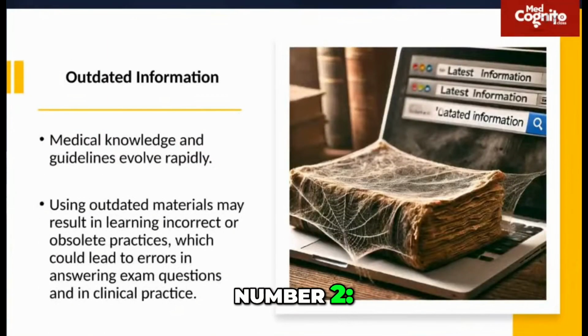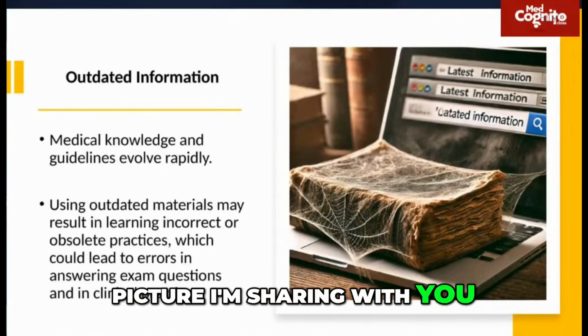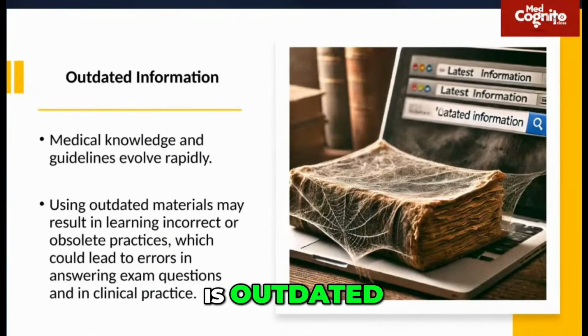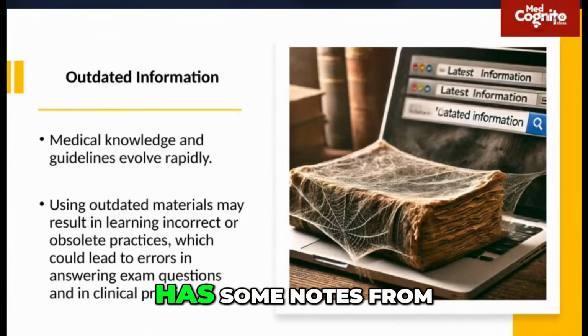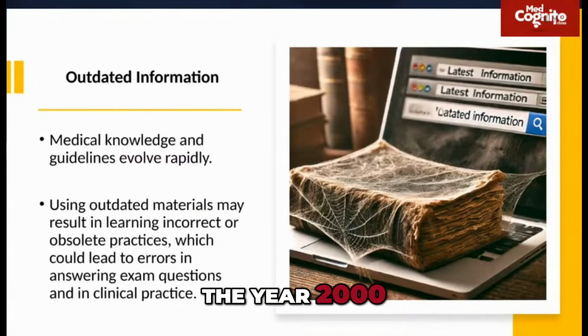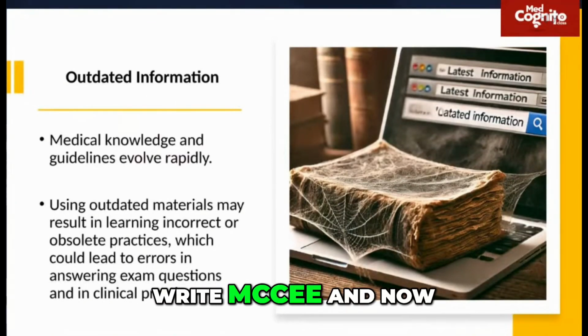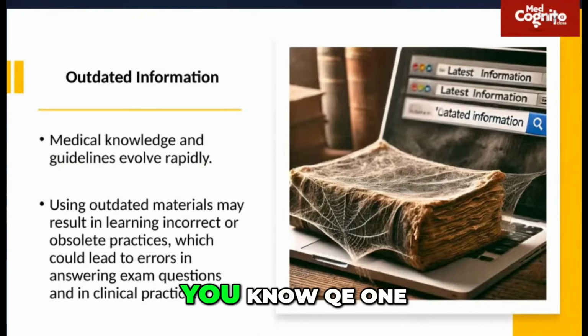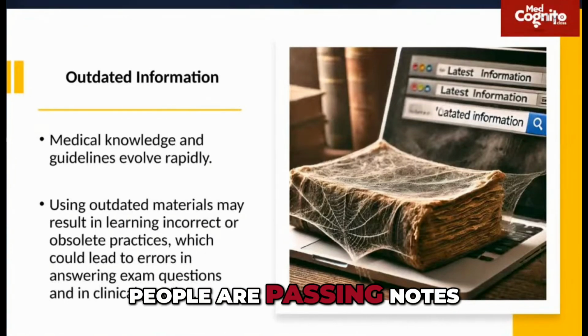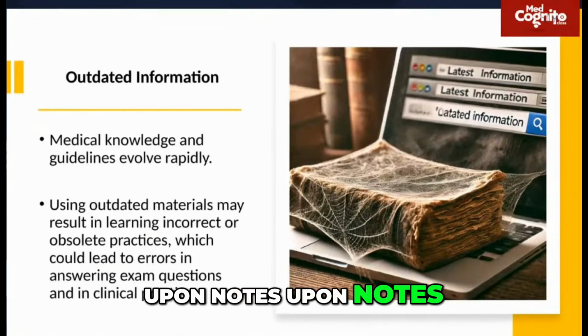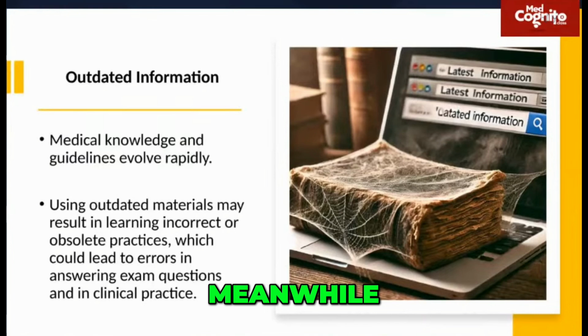Number two, you realize that, like this picture I'm sharing with you, the book is outdated. So somebody has some notes from the year 2000 when they used to write MCCEE, and now QE1 is also written. And in fact, when they even used to write QE2, people are passing notes upon notes upon notes from generation to generation.